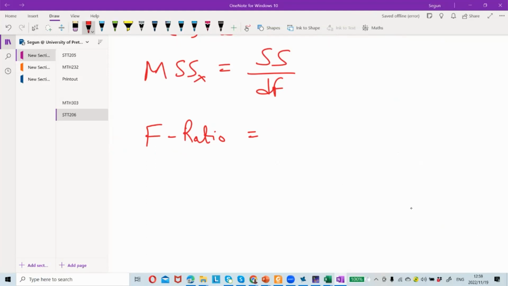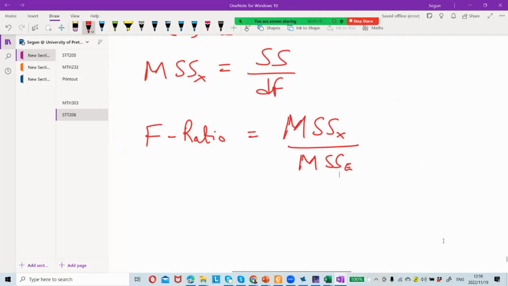For the F ratio, it will be MSS divided by MSSE. That is, each of them will be divided by the residual. So the first F ratio will be what?